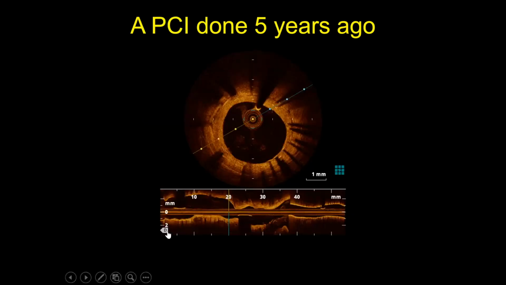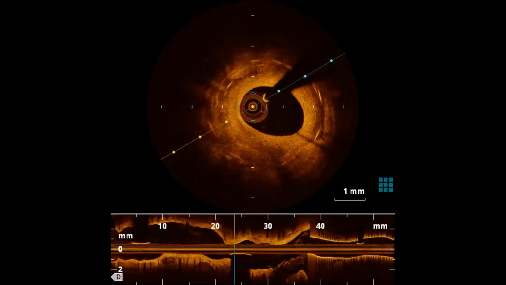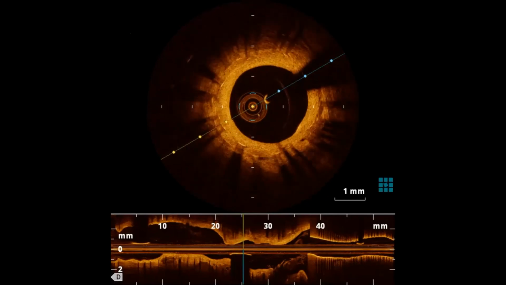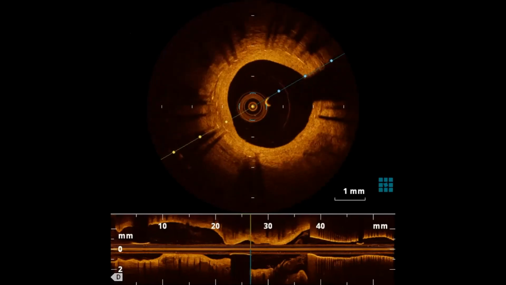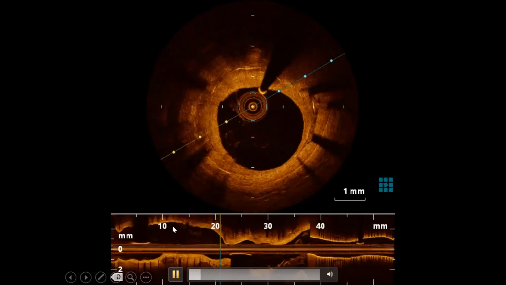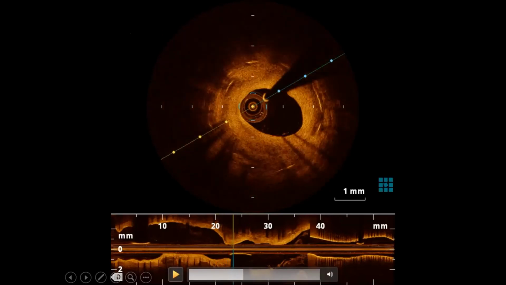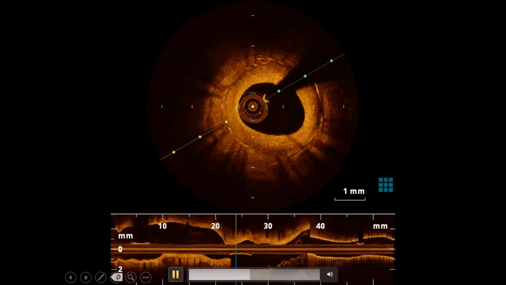Okay, we'll just play it, and maybe one of the panel members can say something about it. So this is a patient who had PCI a few years ago. It looks quite homogeneous within there. So obviously there's an element of atherosclerosis within the pre-existing vessel. Quite a lot. There are also two stents.